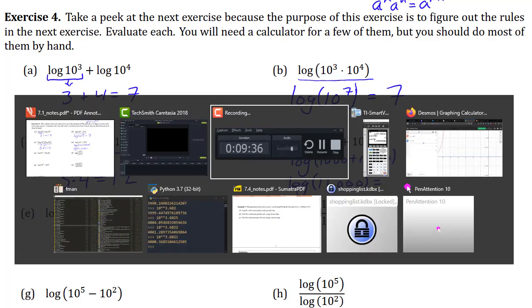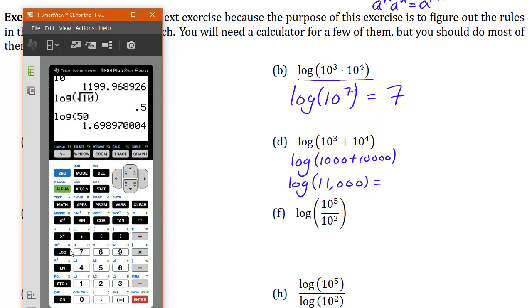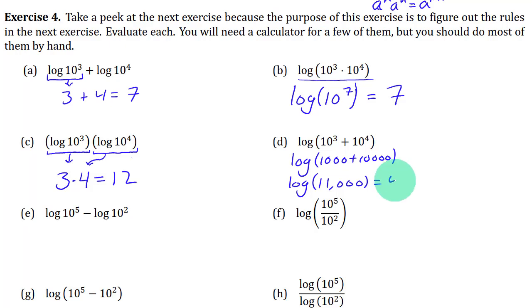And that, if you use a calculator, you'll get 4.04. It's not a nice even number or anything.